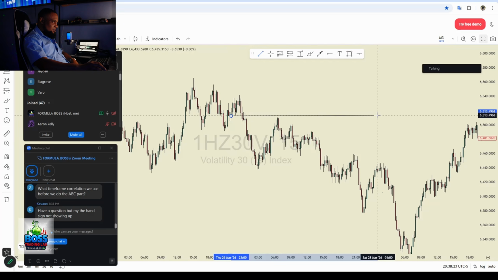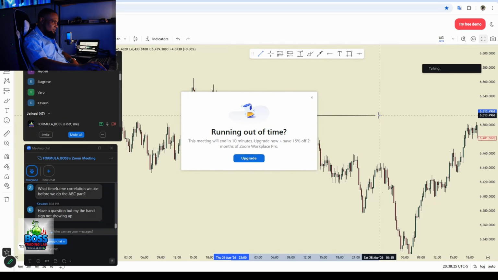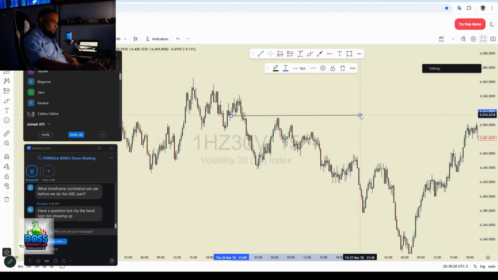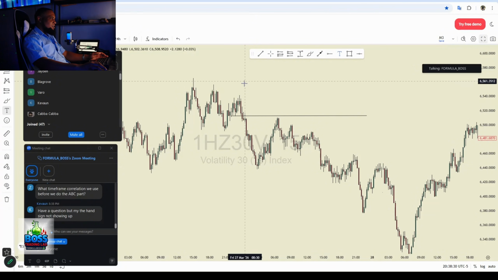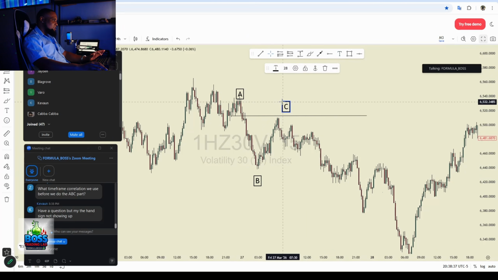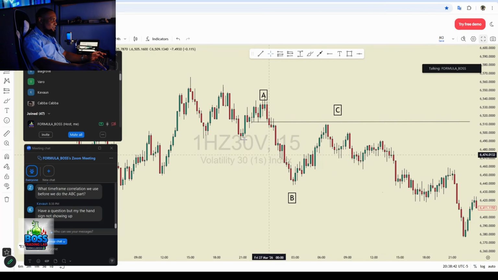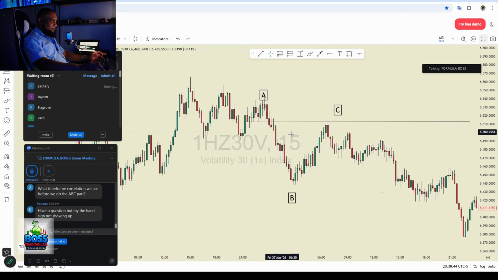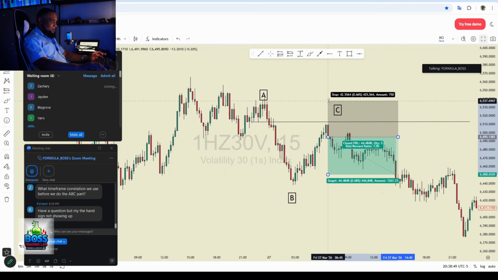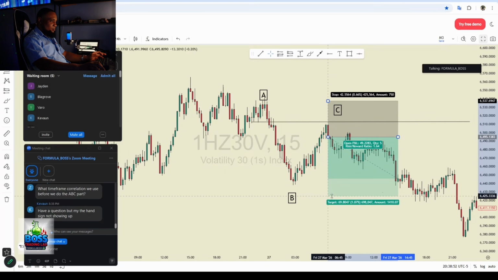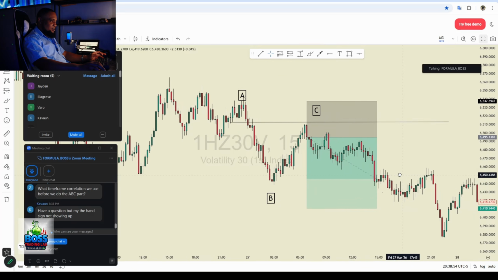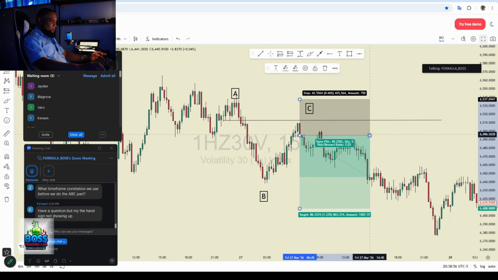So that was the level. This was point A. This was point B. And then this was point C. So you guys see it right now? Same exact thing. And right away I realized even the 15-minute time frame gave the engulfing entry. Bam. Stop loss could be right there. And then boom, 1 to 1 slap out. 1 to 2 slap out.